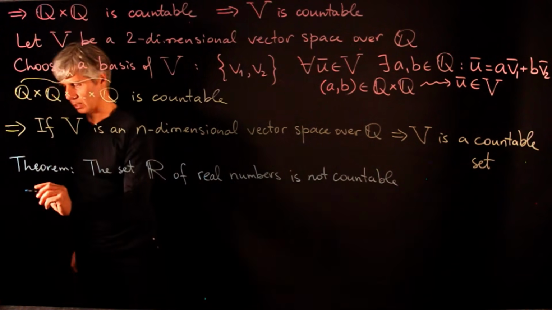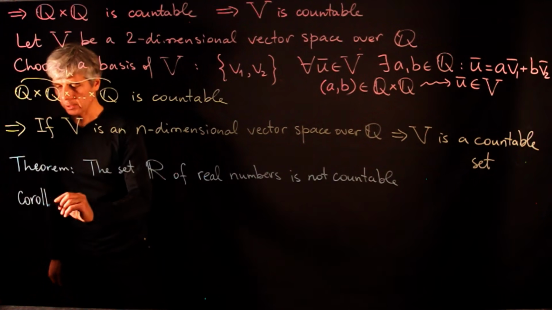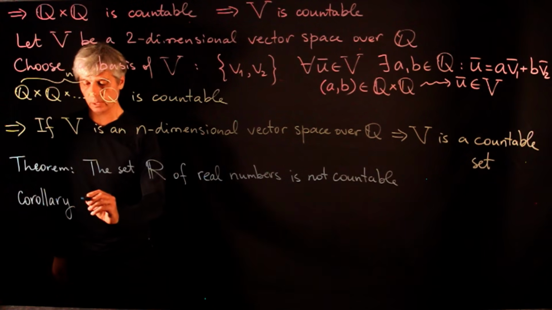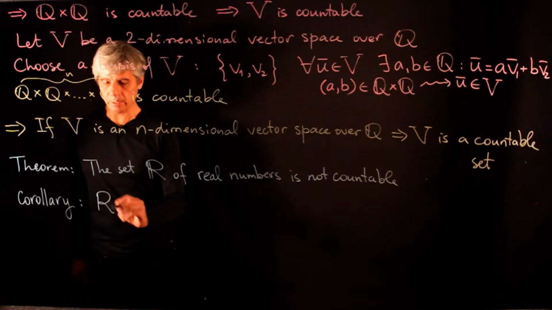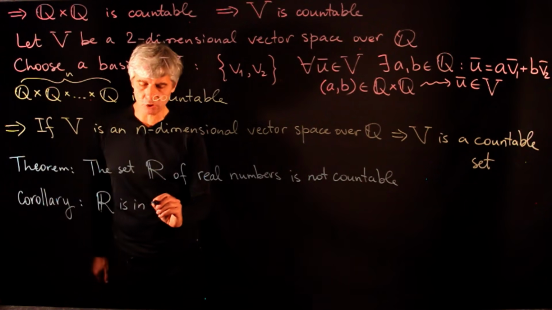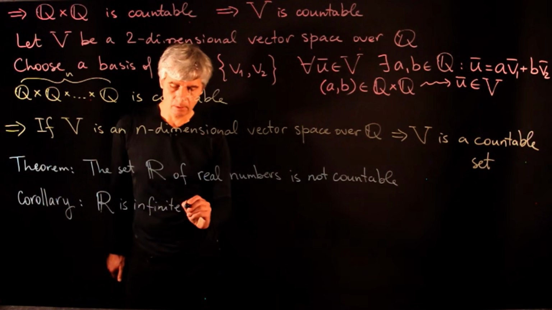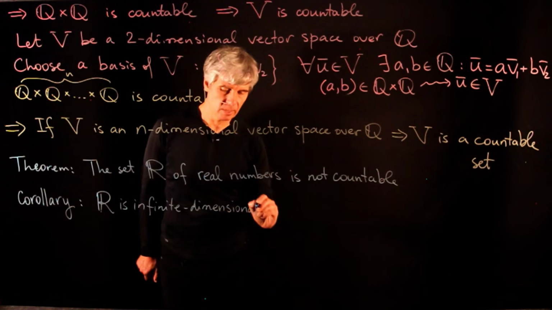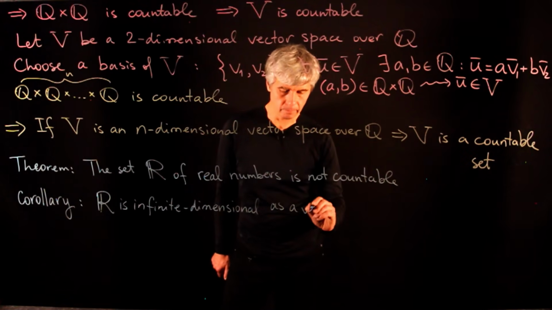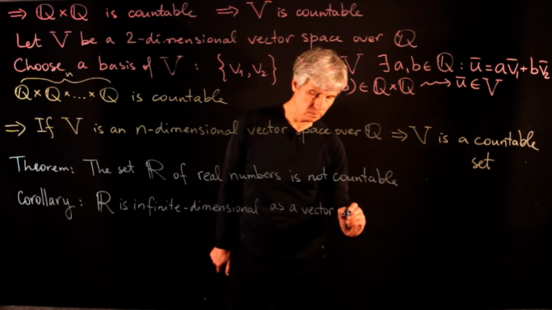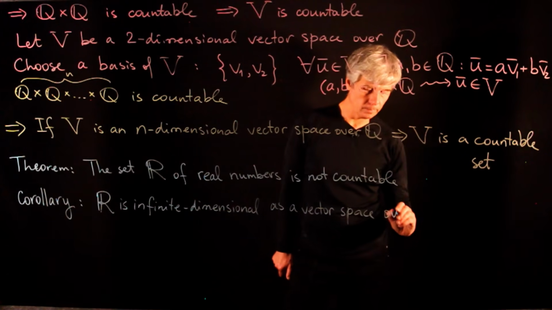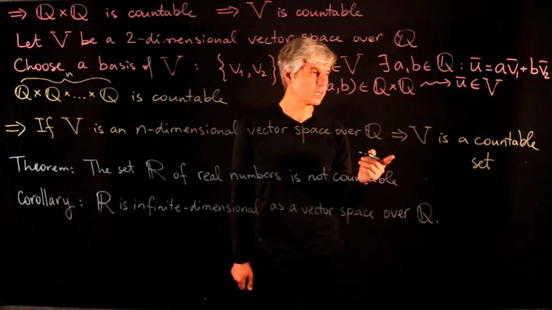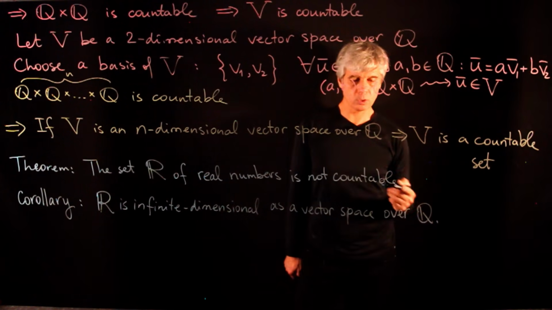And as a corollary to this, we get a different approach to the question of dimension of R over Q. As a corollary, we get that R is infinite dimensional as a vector space over Q. Because here we proved that any finite dimensional vector space over Q is countable.